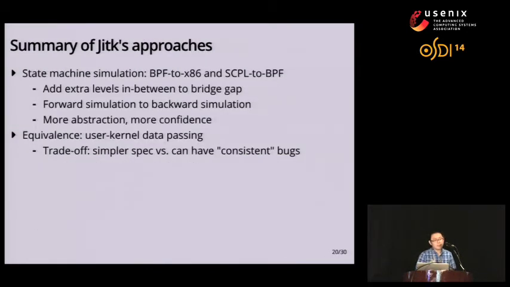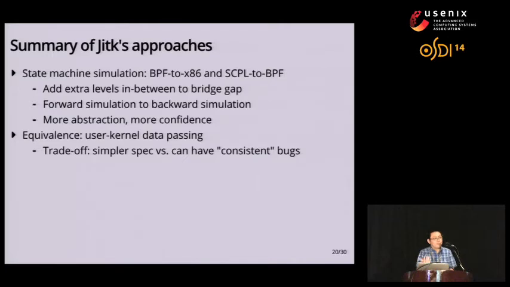Let me sum up the approaches we used in Jitk. One useful technique is state machine simulation. We do this from BPF to x86 and from higher-level SCPL to BPF. There are a lot of interesting tricks you can use. You could add extra levels between the two to bridge the semantic gap. You can convert simulation to backward simulation for easier proof.